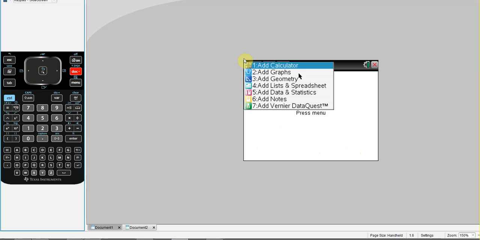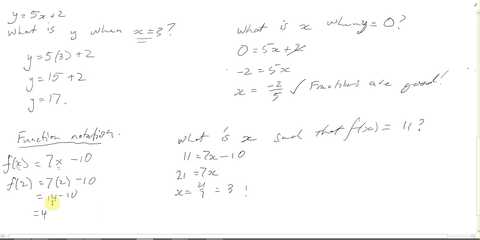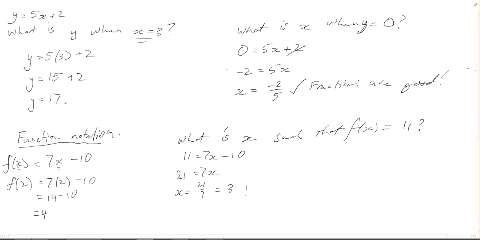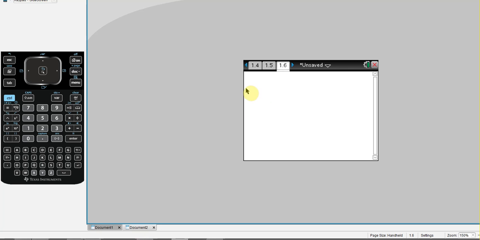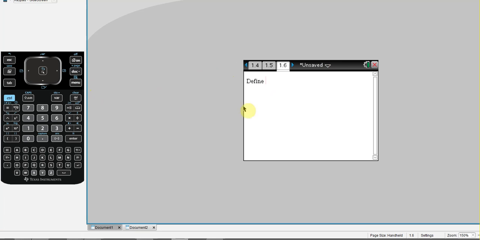So if you grab out a calculator page on your CAS calculator, and you wanted to solve this same function notation problem, f of x is 7x minus 10. What you've got to do first is define your function. So you've got to go menu, actions, define, and we'll call it f of x.